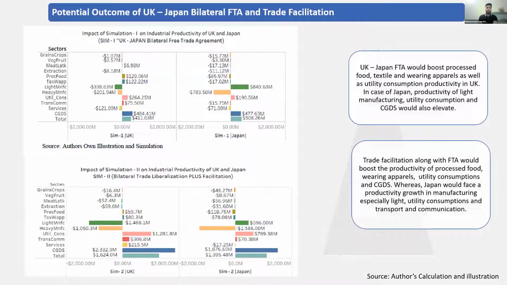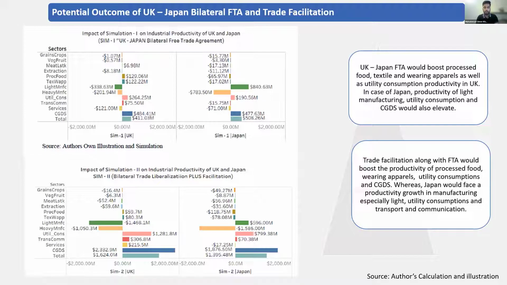If we look into the industrial productivity for UK and Japan, the UK-Japan free trade agreement would boost processed food, textile, wearing apparel, as well as utility consumption productivity in UK. In case of Japan, productivity of light manufacturing and utility consumption would also elevate, while the others would depreciate.